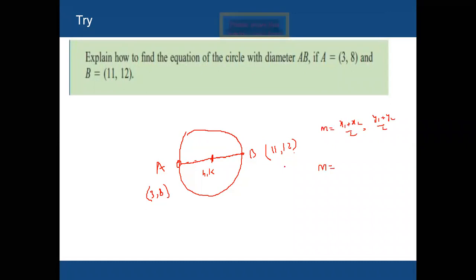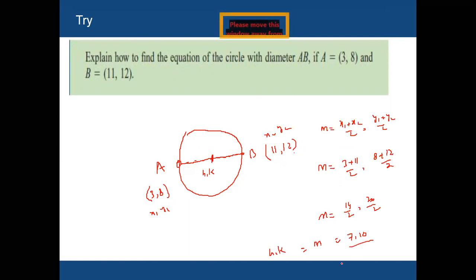If you take these as x1, y1 and these as x2, y2, then 3 plus 11 divided by 2 and 8 plus 12 divided by 2. So the midpoint is 14 divided by 2, which is 7, and 20 divided by 2, which is 10. These are the midpoints, or actually h and k.